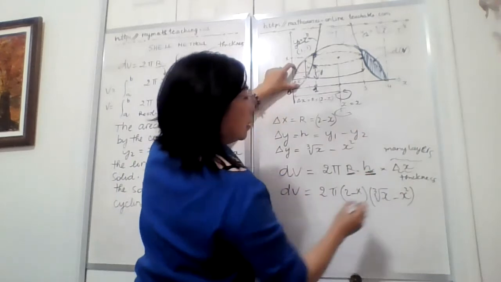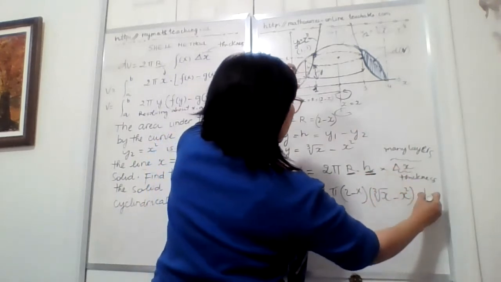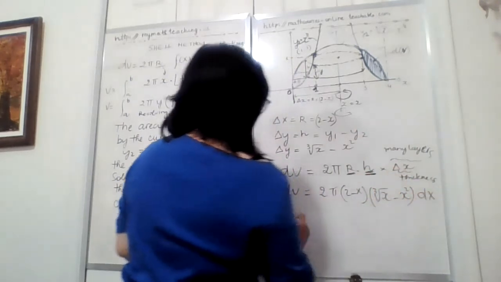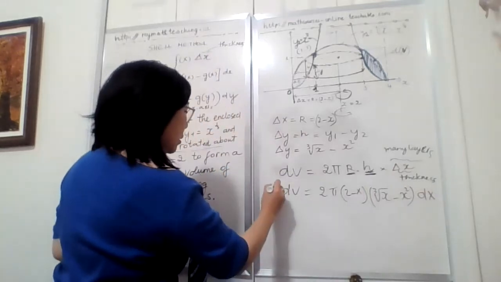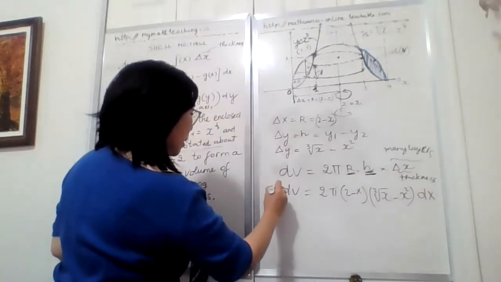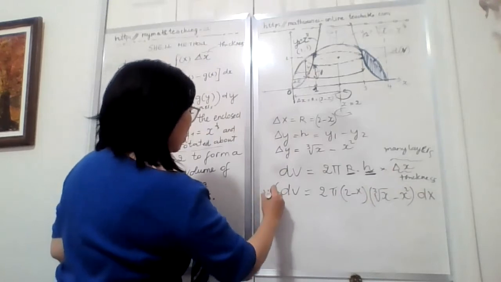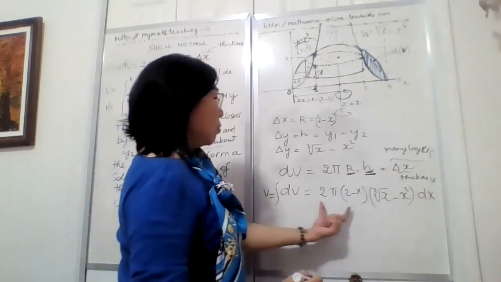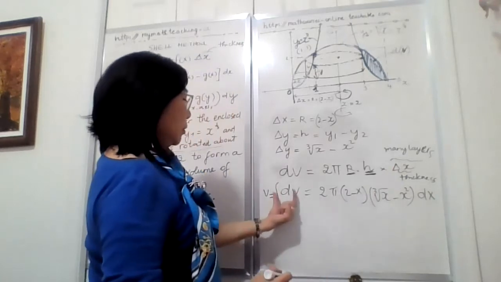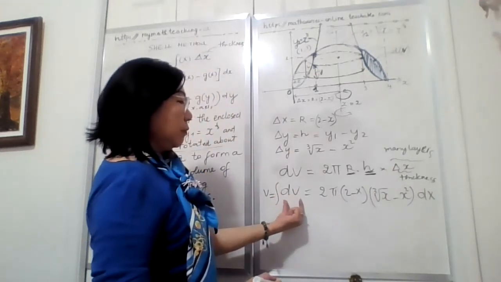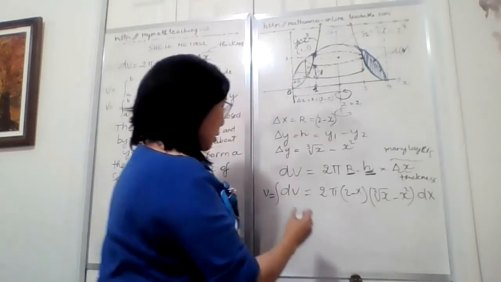That's the height here, and delta x is dx here. If we add up the integration of this dV, we get the volume. Volume equals the integration of the derivative of volume, which equals this.